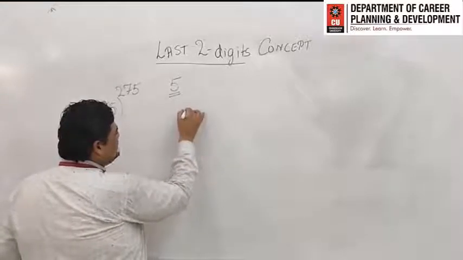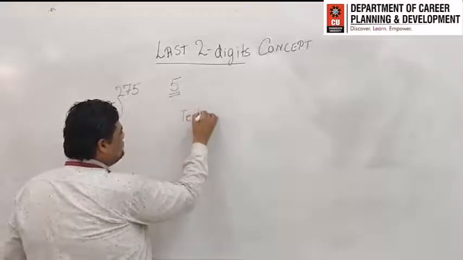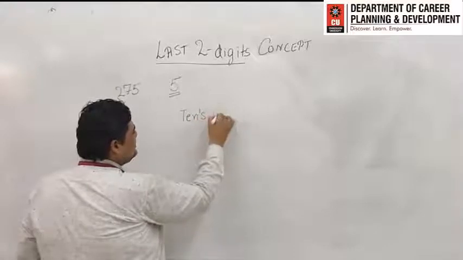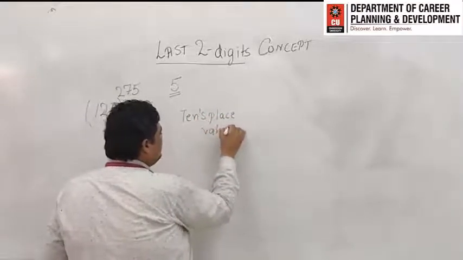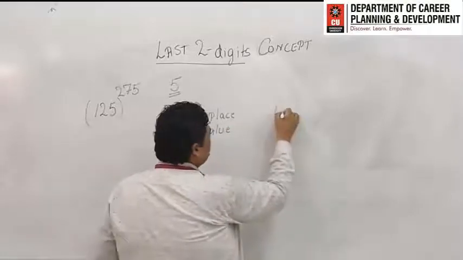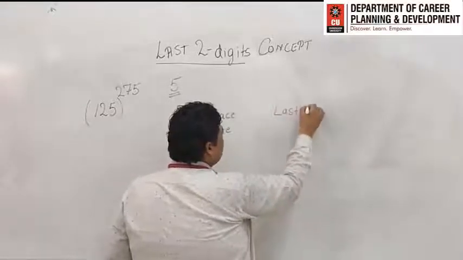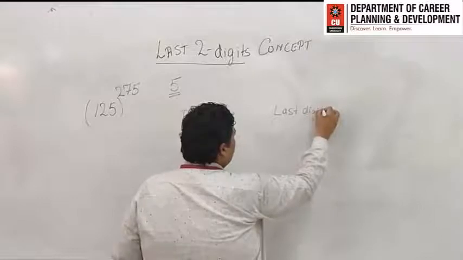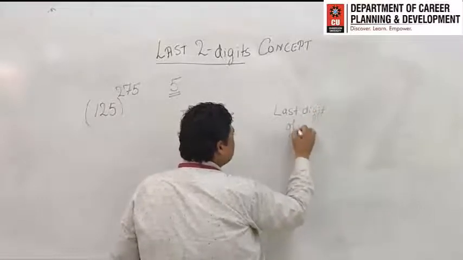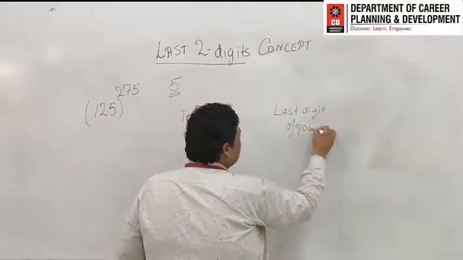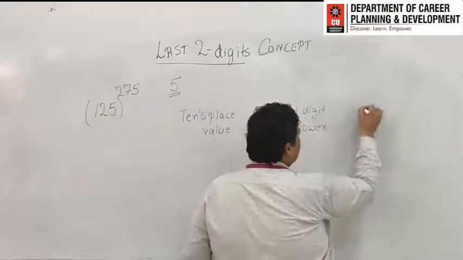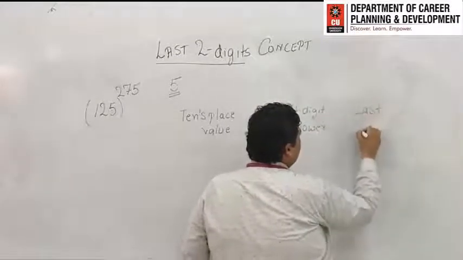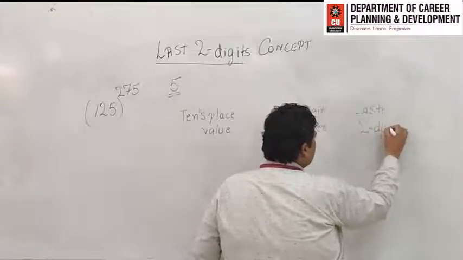I am using the tens place value as we have used before, and next we are taking the last digit of the power, and we will find the last two digits.